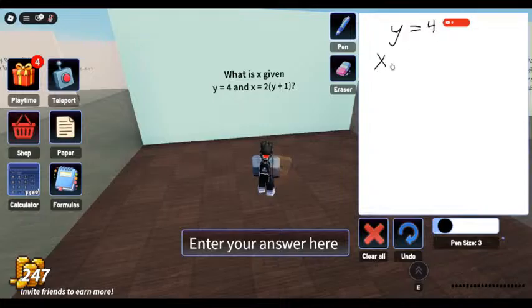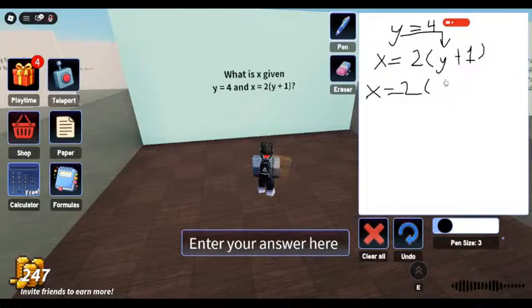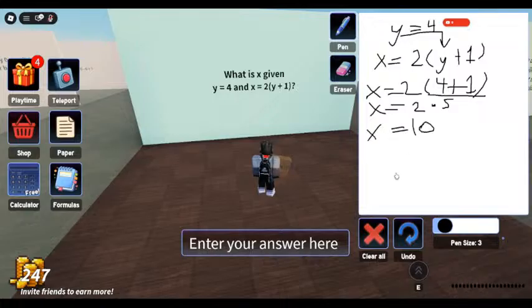Now we have x equals 2 times y plus 1. So again, we just input the value of y in here, so x equals 2 times 4 plus 1. Then we do the parentheses first. We have 2 times 5. 2 times 5 is equal to 10.